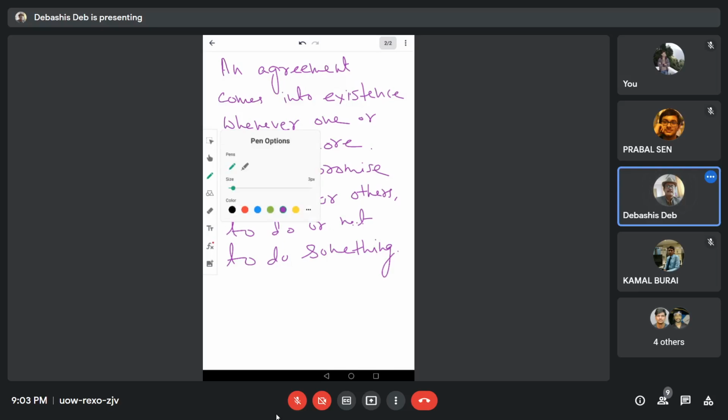Let me repeat. An agreement comes into existence. As I told you, let's say I had an agreement with my friend: let's go to the book fair. What is the agreement? To do something, to go there. There may be an agreement in the classroom between the teacher and the students that while the lecture is going on, the students should keep silence.